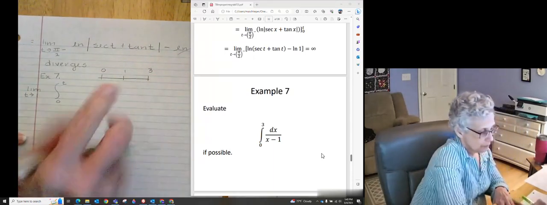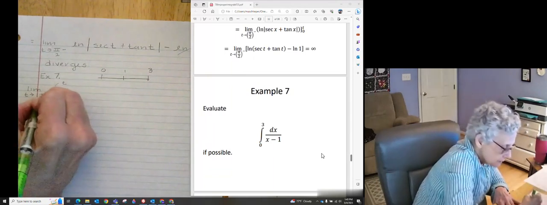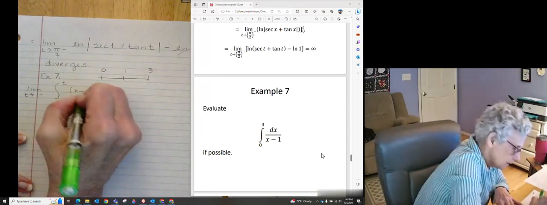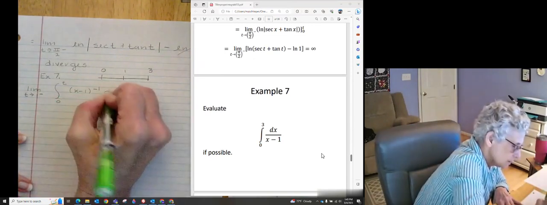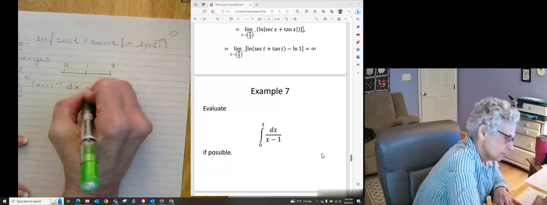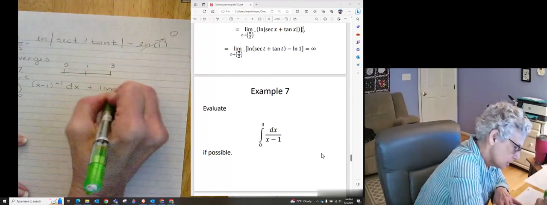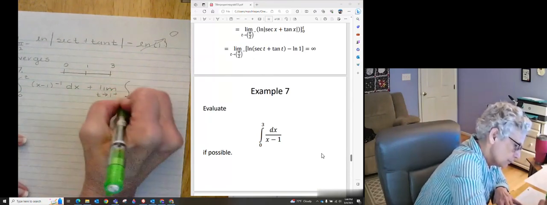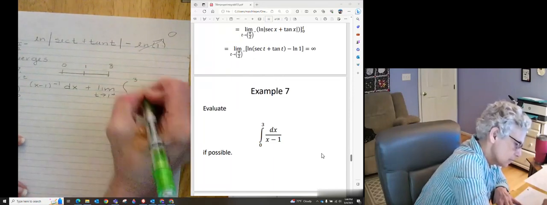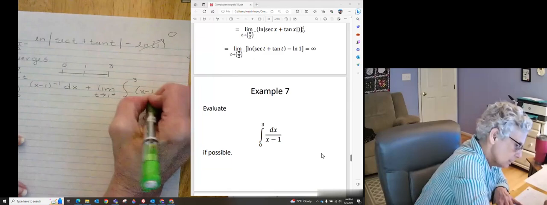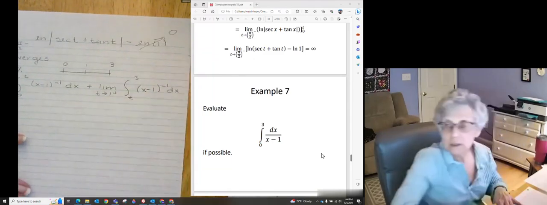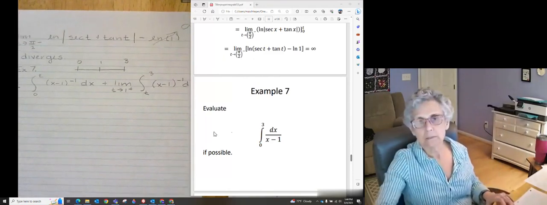So we're approaching 1 from the left of, and I'm going to go ahead and write it as x minus 1 to the minus 1 power. Doesn't really matter. We already know it's natural log. Limit as t approaches 1 from the right, and we go from t to 3 of x minus 1 to the minus 1 dx.